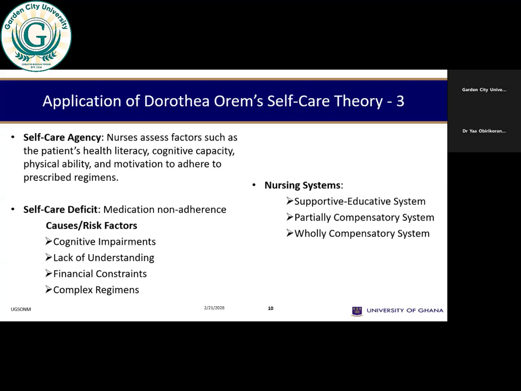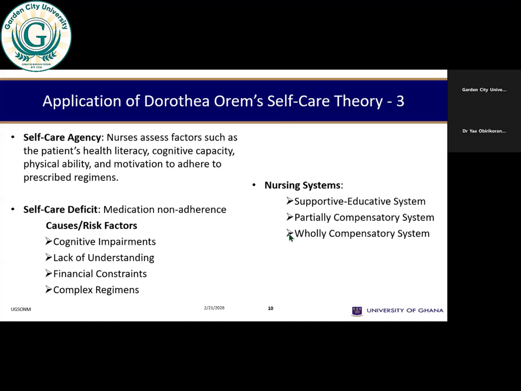She also had financial constraints; she couldn't afford most of the medications she was put on. And then a complex regimen. Those were the causes and risk factors that my patient had.